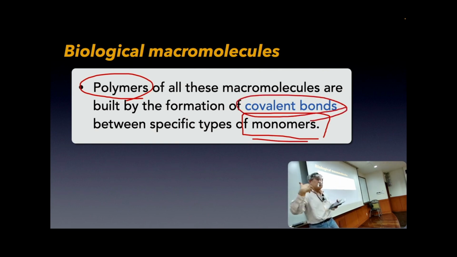Using covalent bond formation. So now what you need to do is, in each of the four different cases, simply distinguish what specific type of monomers are used to assemble these particular polymers under each different category. And that's all you need to distinguish. Okay?